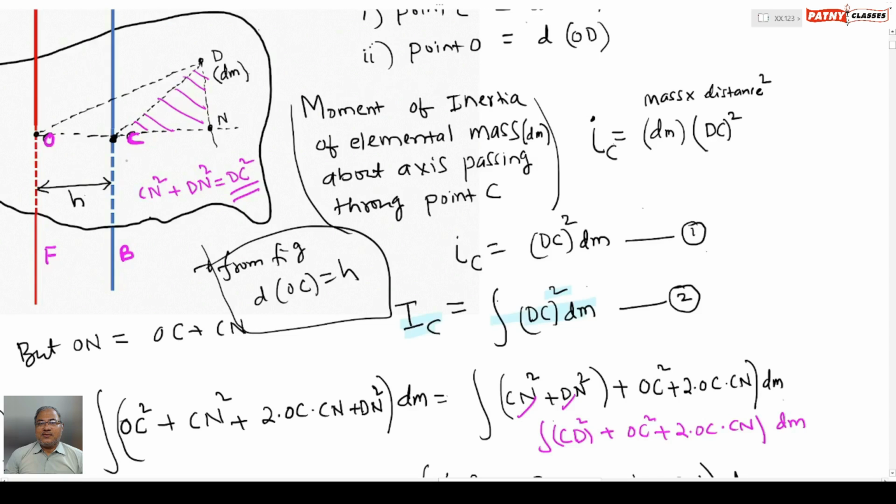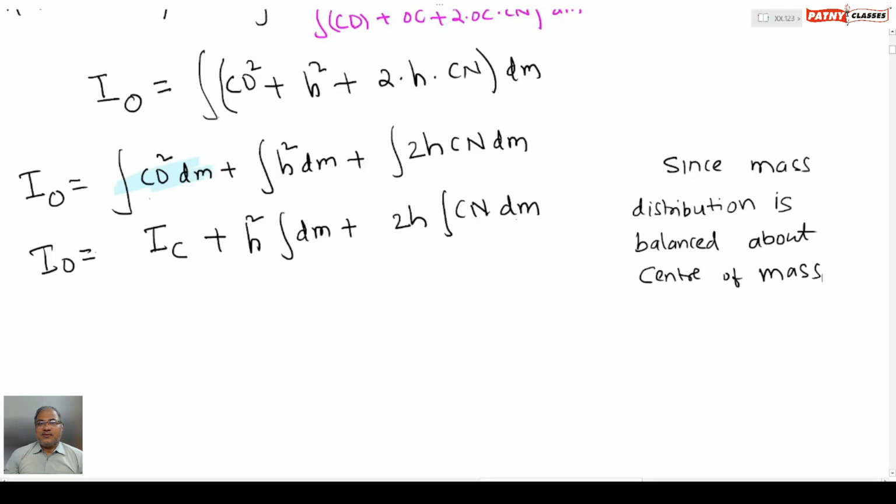From the figure, NC is the distance of the point from the center of mass. Since mass distribution is balanced about the center of mass, therefore integration CN dm equals 0.